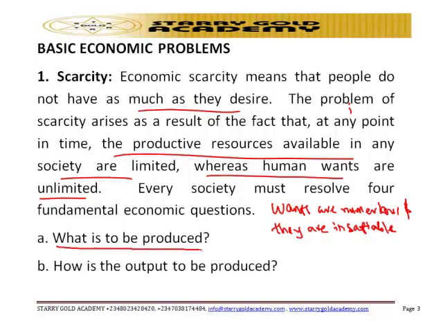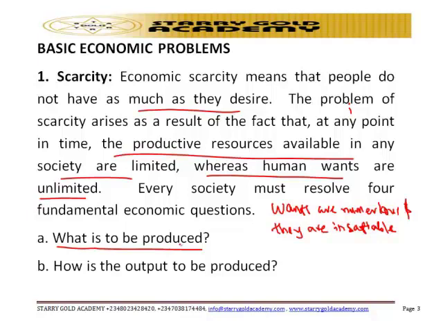So every society must determine in some manner what goods and services, and how much of them, will be produced during any given period of time. This is a basic problem. Every economic society must answer the question: what is to be produced? What are the things that we need to produce, and how much of it should be produced within a given period of time?